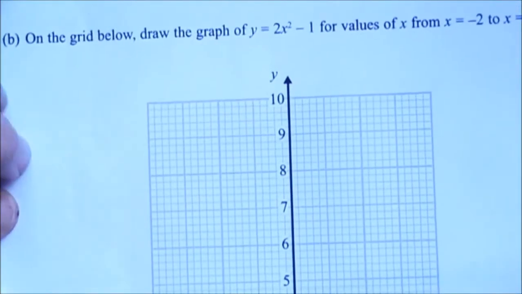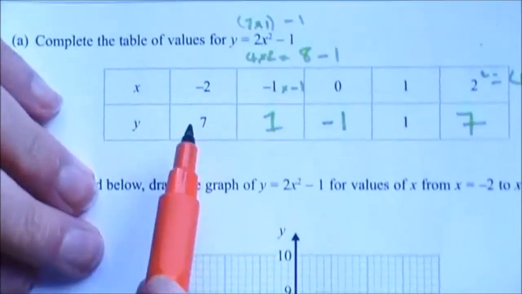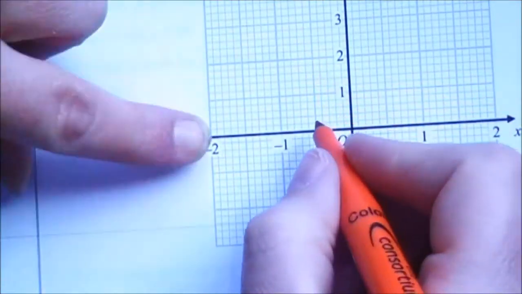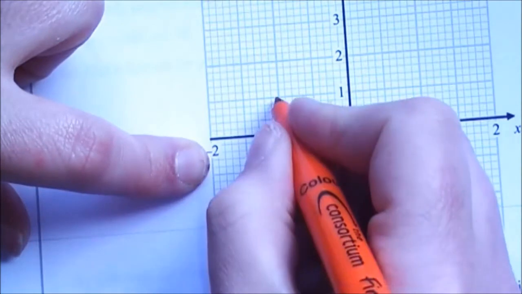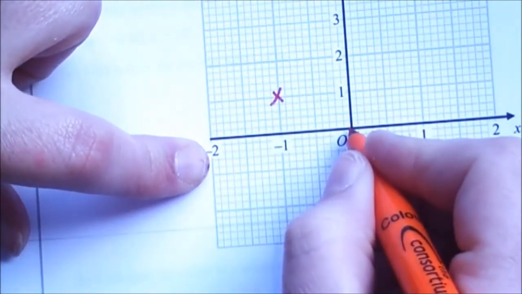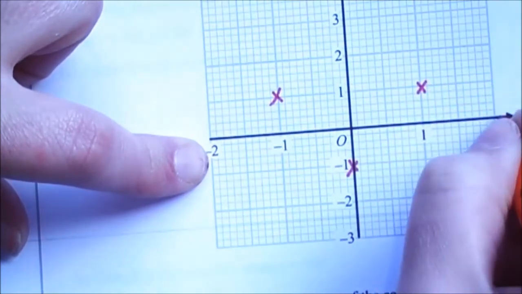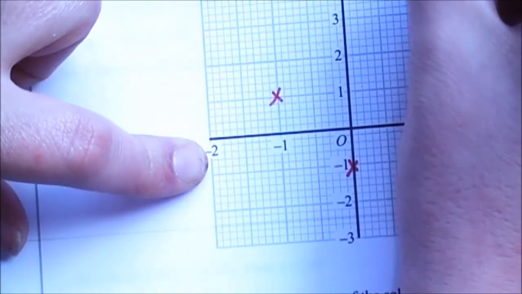So I need to plot my table of values now. First point I'm going to plot is -2, 7. So -2 up 7. Then I'm going to do -1, 1, then 0, -1, then 1, 1, then 2, 7.